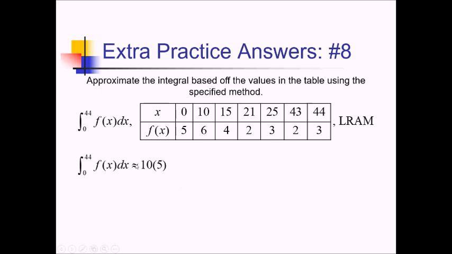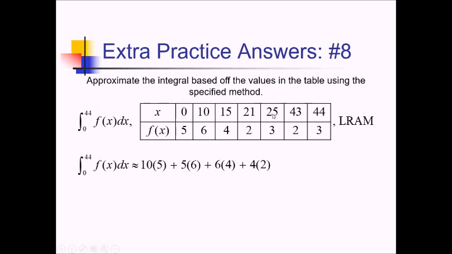And again, I'm approximately equal. I know this is not the true value, so I'm spelling it out that this is an approximation. All right, so the next one, we have a base of 5 going from 10 to 15, base of 5. Height of 6, and we're adding all these now. Next, we have a base of 6 times a height of 4. After that, base of 4 times a height of 2.